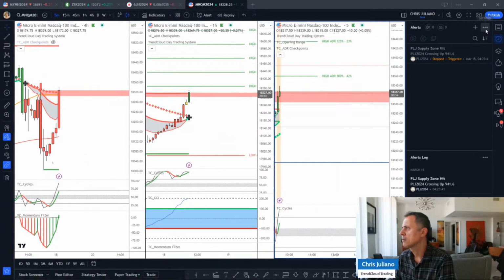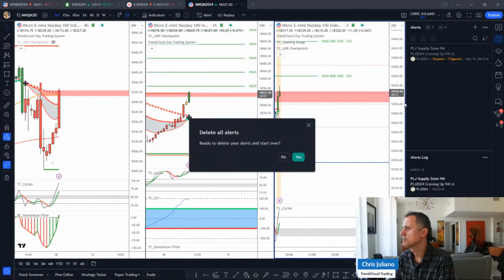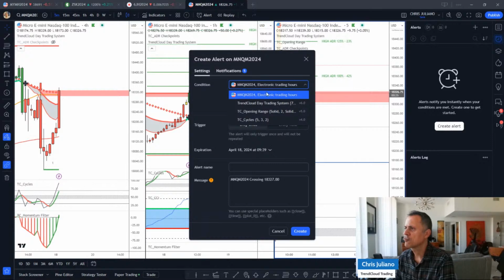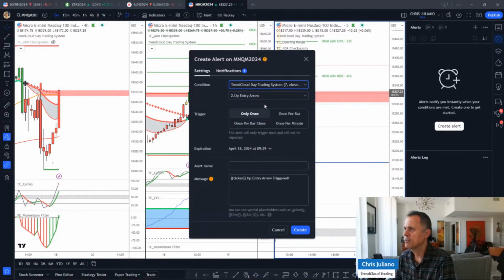Okay, let's clear this. And let's set an alert on the 5 minute chart for a Trend Cloud signal. Go to Trend Cloud, up arrow, right? How about an arrow, right? A Trend Cloud momentum signal, right? And we'll say micro NQ.